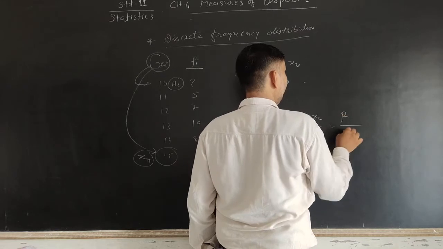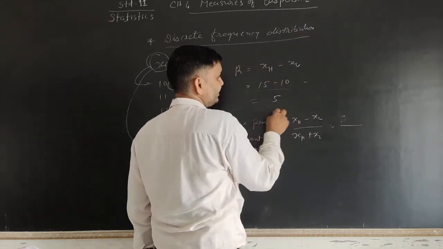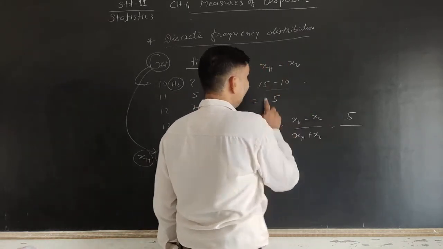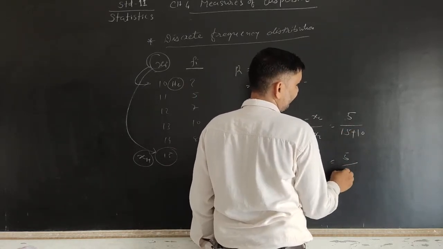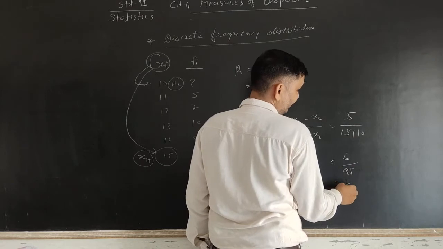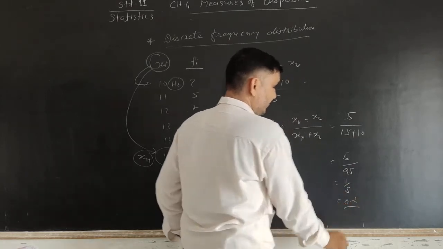So R divided by XH plus XL, we have 5 divided by 15 plus 10, which is 5 by 25, that is 1 by 5, 0.2.